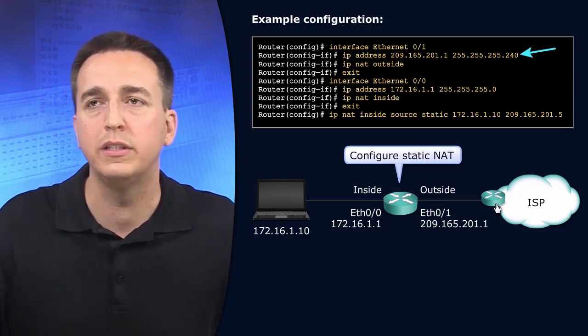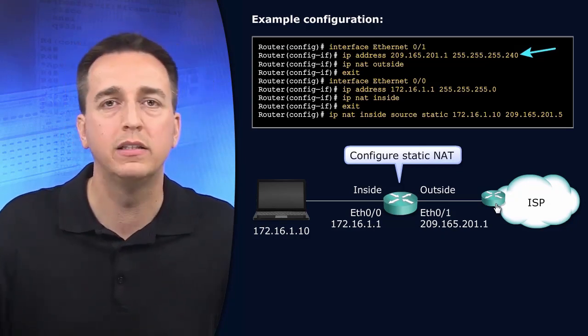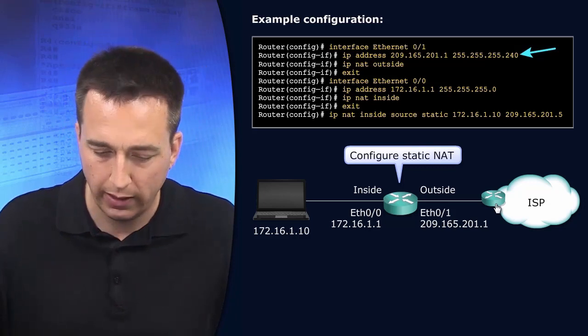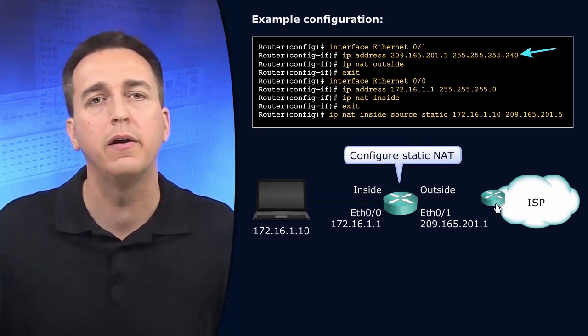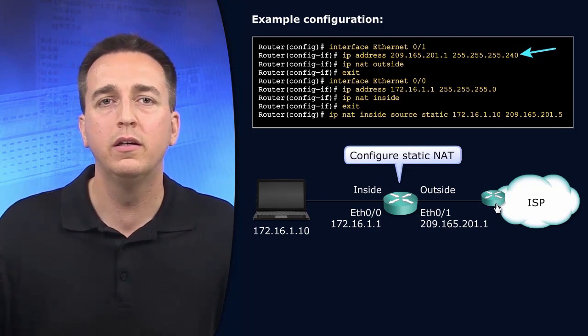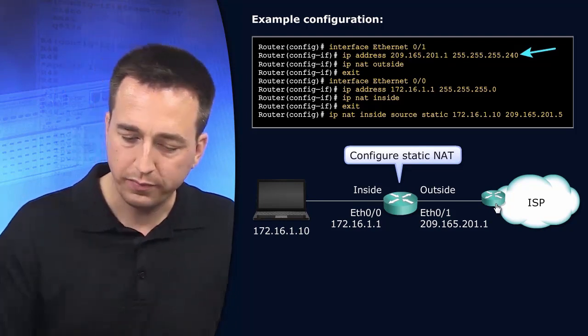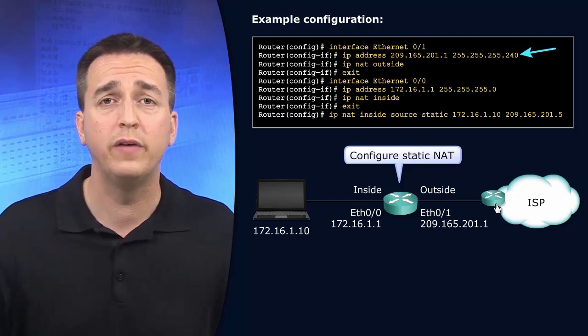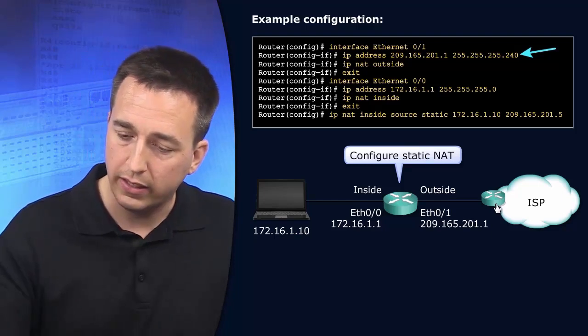How many addresses, folks, do we need in this case? We have this point-to-point connection between our router and the ISP's router. Yeah, we really only need two, don't we? We need an IP address for our outside interface, and then they need an IP address.